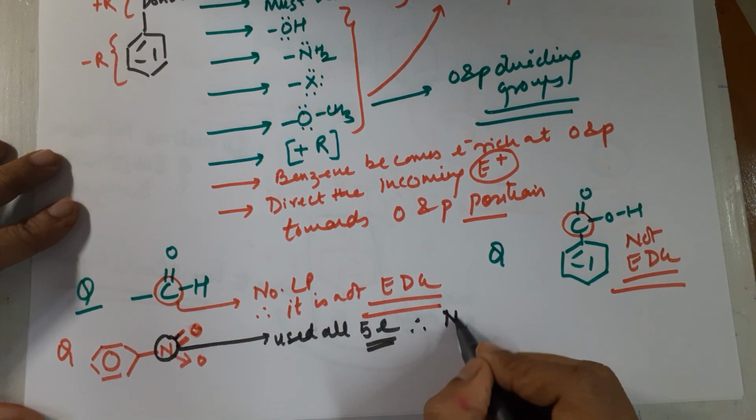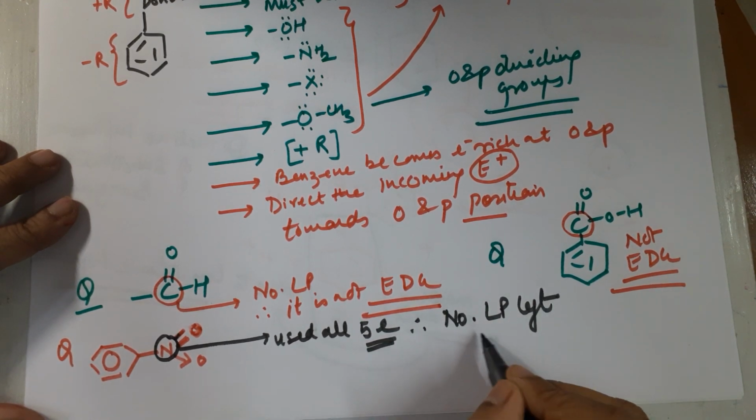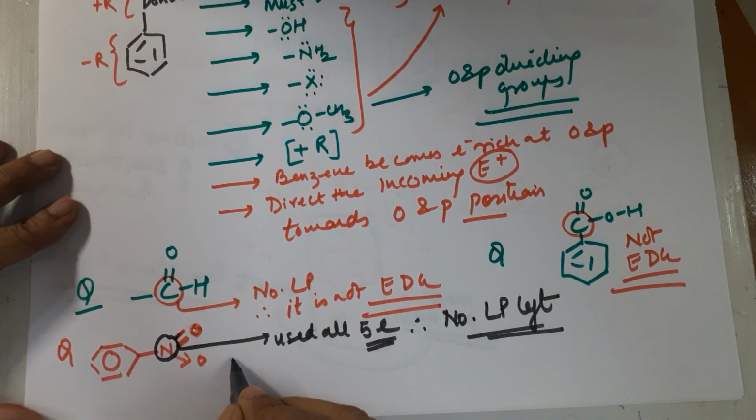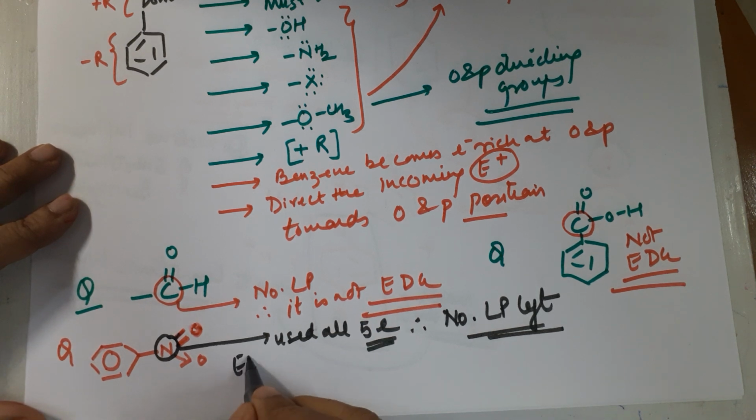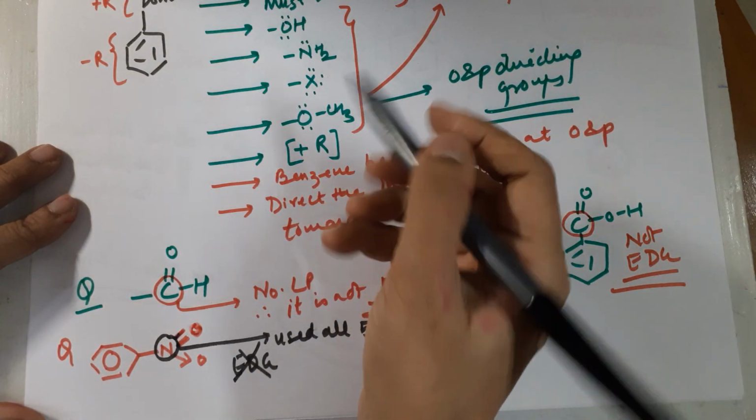Therefore, again there is no lone pair left. If there is no lone pair left, this also is not an electron donating group. So these are not electron donating groups. They do not fall under this category.